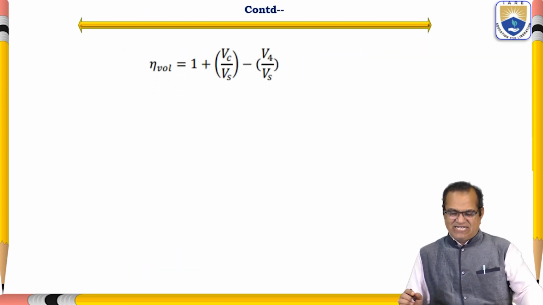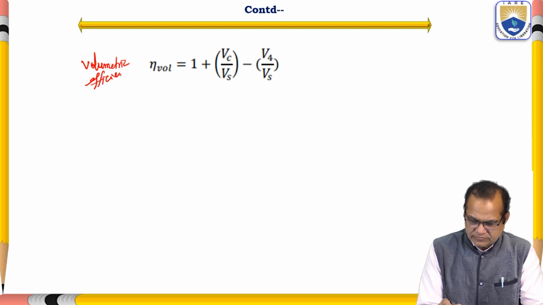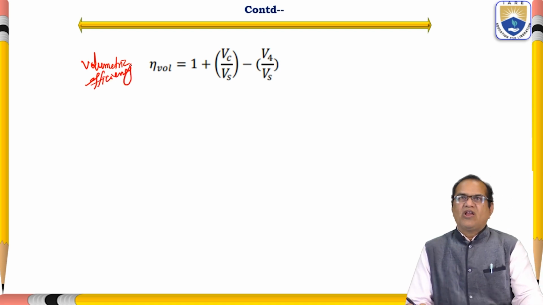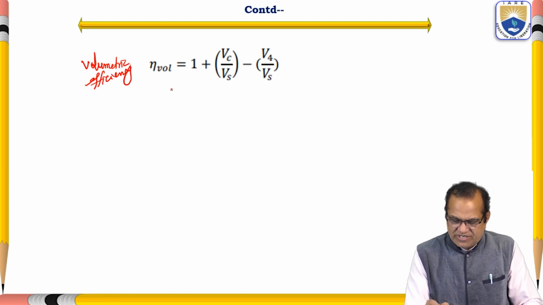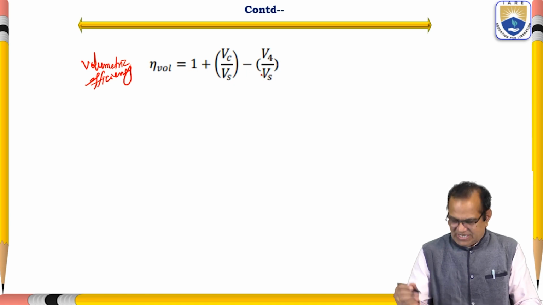So the volumetric efficiency eta is equal to 1 plus Vc by Vs minus V4 by Vs.